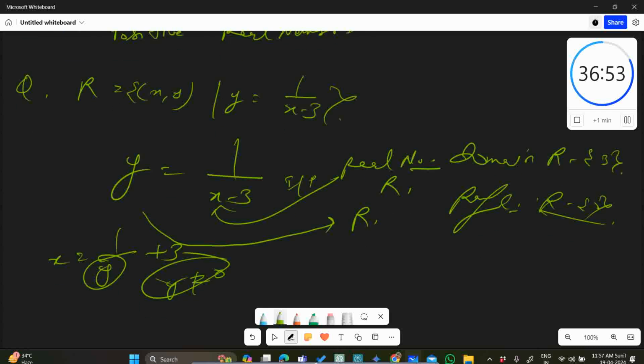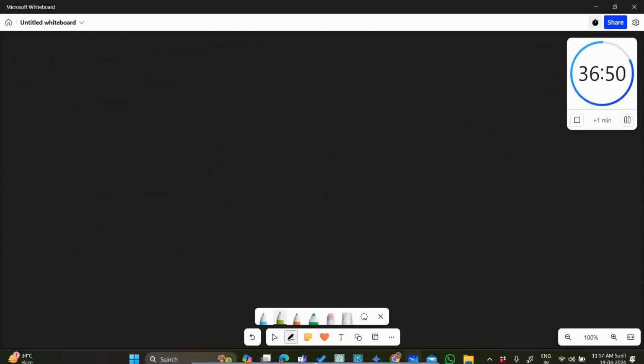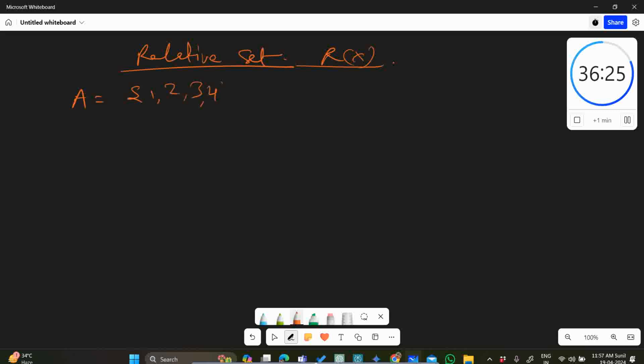The next topic we are going to discuss is the inverse of a relation. Let A be equal to {1, 2, 3, 4} and B be equal to {a, b, c}.